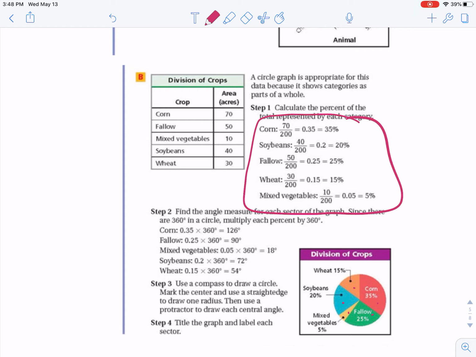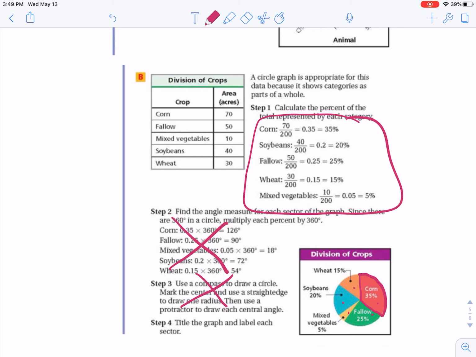This part right here where they're having you divide it into a circle, we're not going to do that where we're finding out the different degrees because we're not using a compass. You would have to title the graph and label each sector, which by the way, each little piece of the pie is called a sector. So the corn sector is 35%.